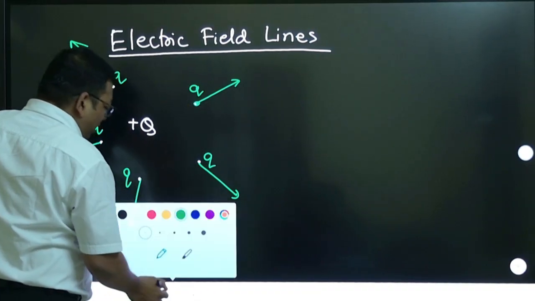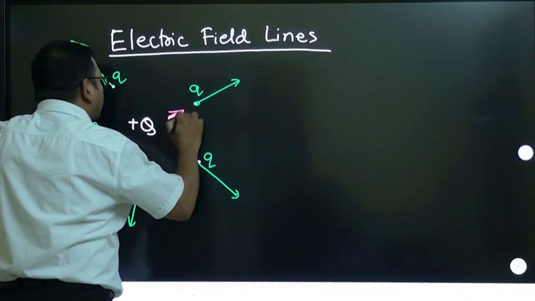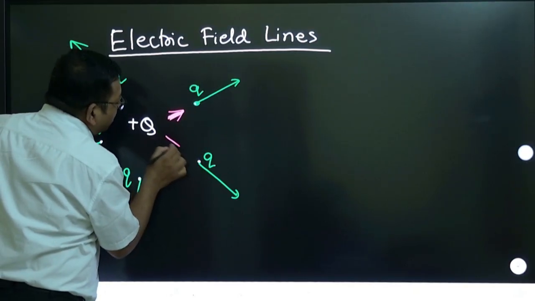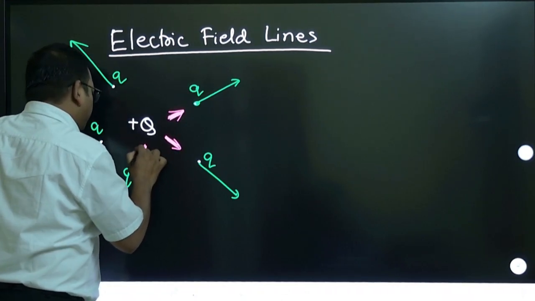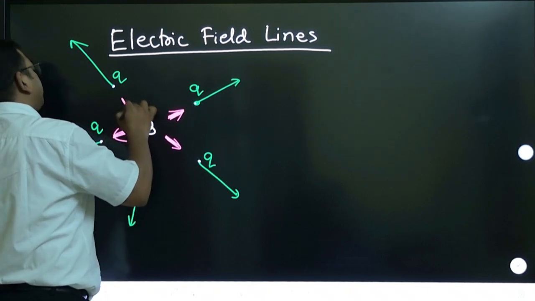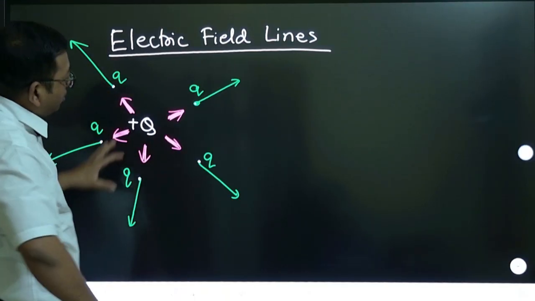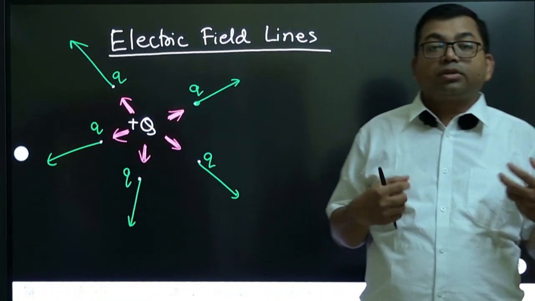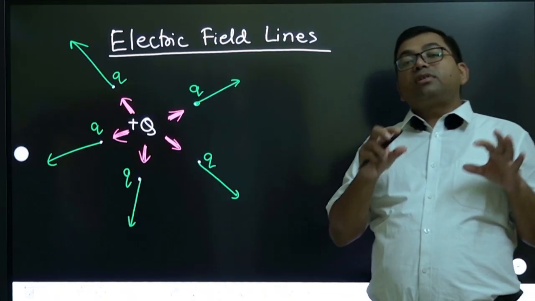But if you keep it near, the force will be strong, or the field will be strong. If I take a nearby point, more field will be there, and if I keep it away, the field will be less. So the field goes radially away from the source charge, but its strength decreases.